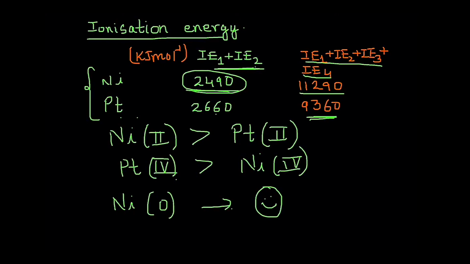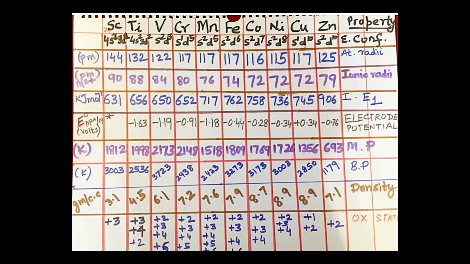Let's see. The next property that we are taking up is electrode potential, and I have the data listed in front of you. Now if you notice over here, electrode potential starting from scandium.